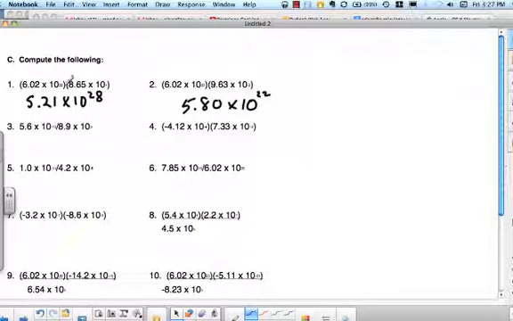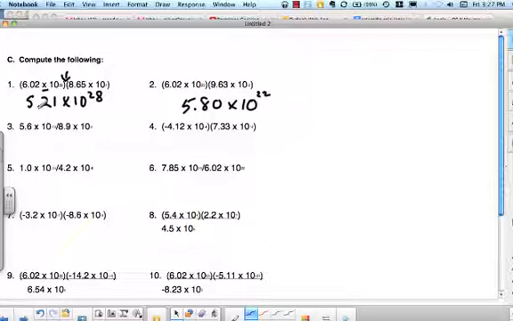No times, no 10. 6.02 EE or EXP 23, and this implies multiplication here, times 8.65 times 10 to the 4th. 8.65 EE or EXP 4. And this is the answer you should have gotten. Now, when I put that in my calculator, I'm going to do it again really quickly, I probably have a lot more digits after the 2, 1.